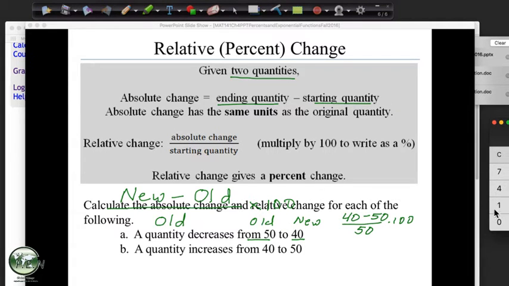Clear this. You have to do the 40 minus the 50. You have to hit the enter key to have that happen first. Okay, and then divide by the 50. Enter, and then multiply by 100. And notice we got a negative 20. That's a negative 20%.